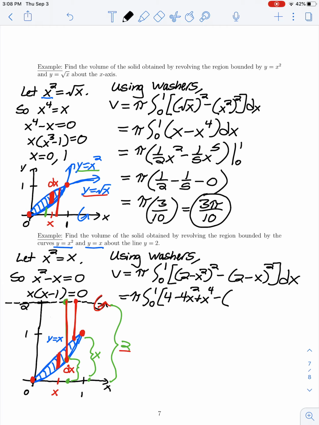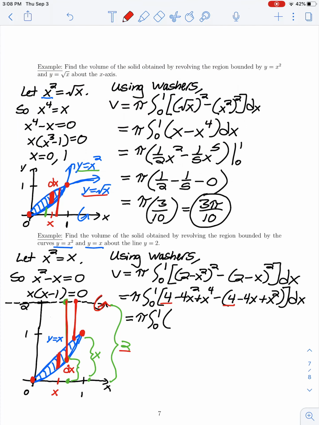And we are subtracting, if I expand this second term, I would have 4 minus 4x plus x squared. So that leaves me with pi times the integral from 0 to 1 of, let's see what we're left with when we collect like terms.